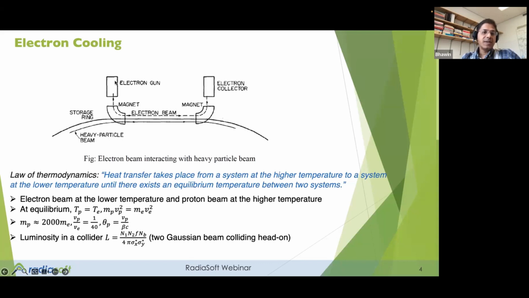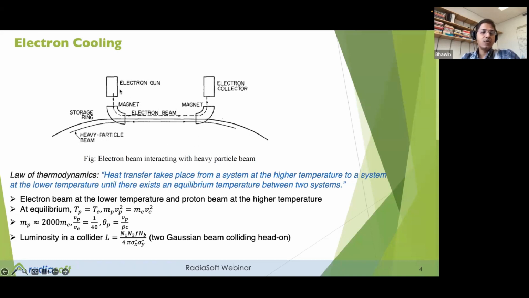The electron beam coming from the electron gun and the proton beam coming from the proton storage ring interact in the straight cooling section, where the electron beam takes heat away from the proton beam and finally reaches the collector, while the proton beam circulates in the proton storage ring, and the process repeats.